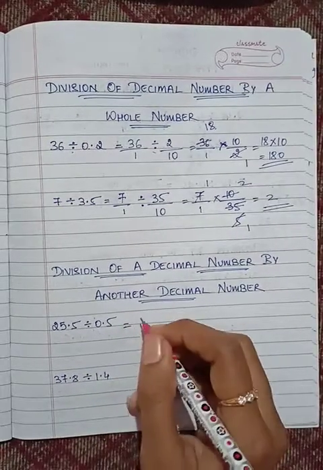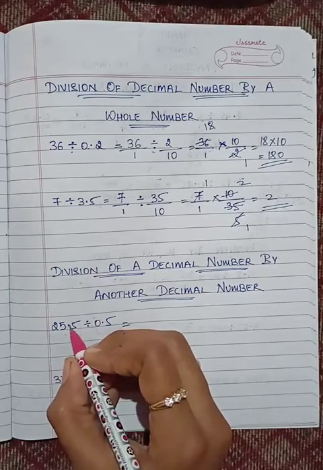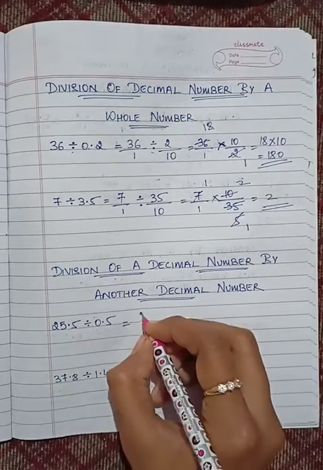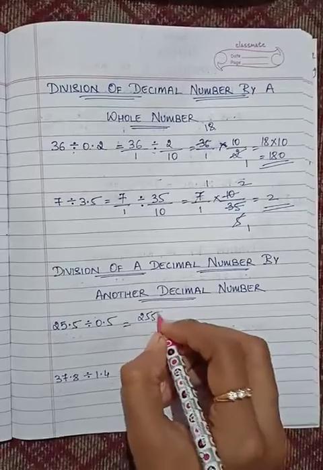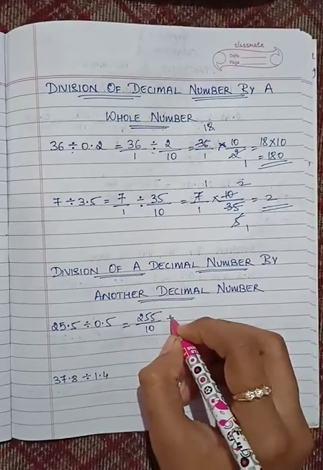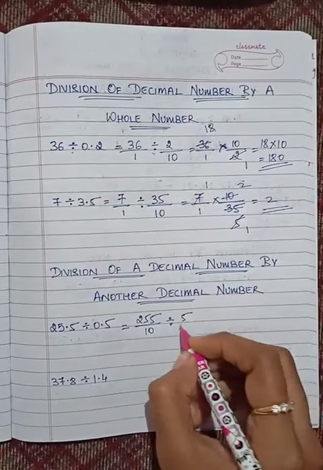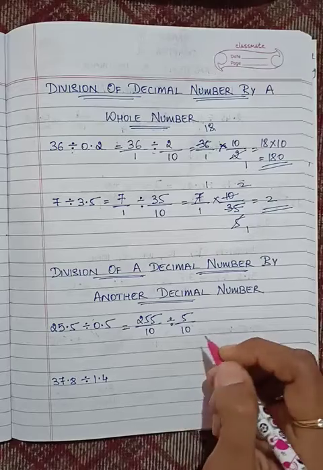So the next step is I have to count the decimal points, ones, tenths. So 255 divided by 10. Divided by again here ones and tenths. So 5 divided by 10.